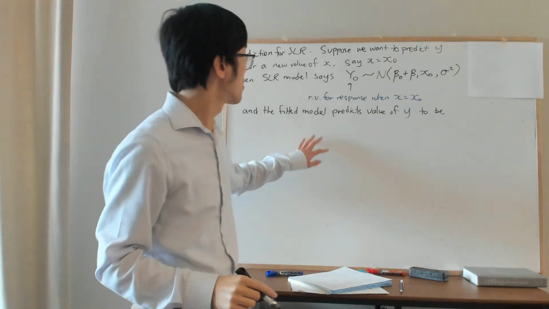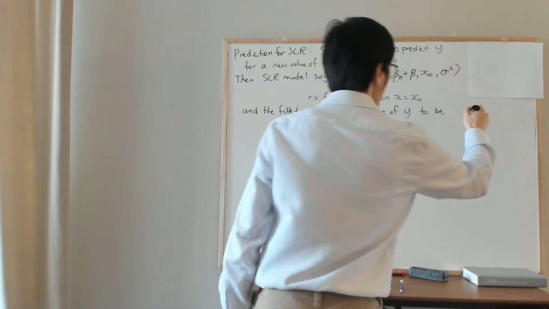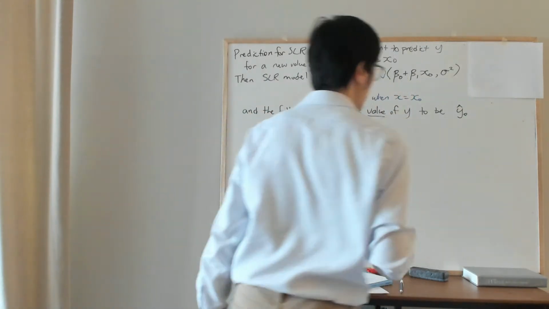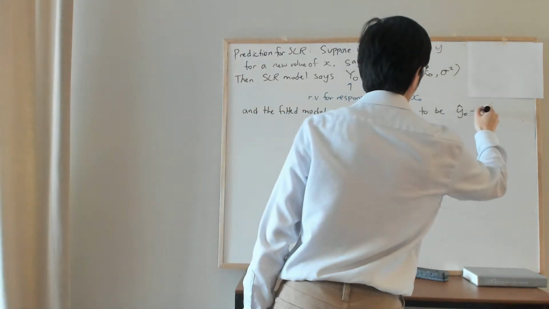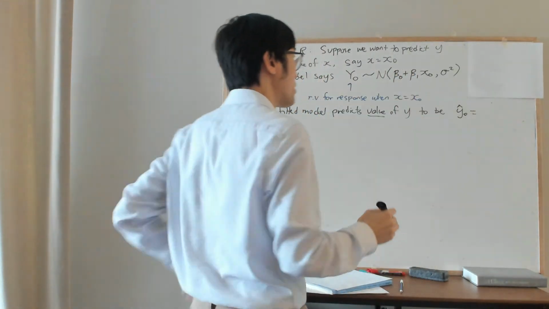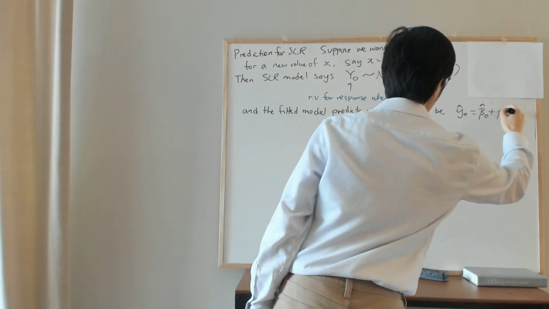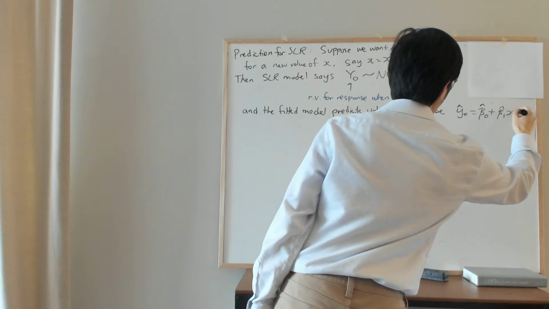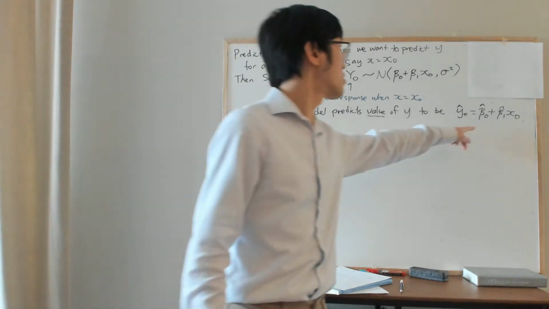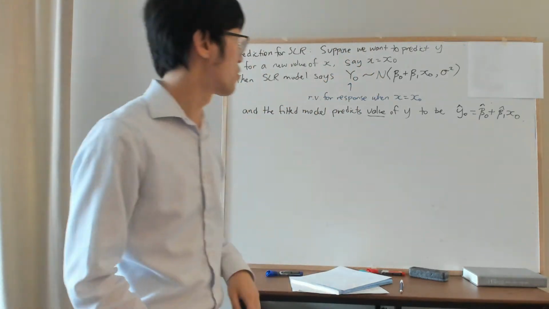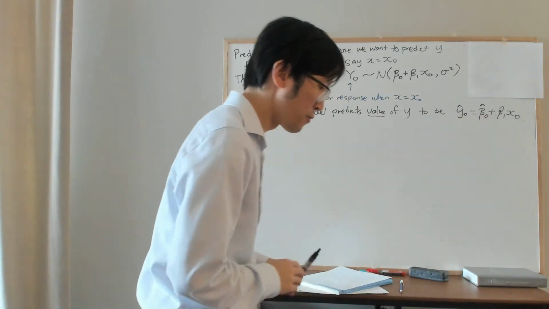I'm talking about the value here, so I'm going to use lowercase notation because I'm going to calculate the value of a prediction from the data. The sensible one to use is to predict the value of the regression line at x0. So we plug in our estimates for the betas, beta 0 hat and beta 1 hat, and x0. Based on our estimates, we can calculate this and we get a value for y0's predicted value, that's called y0 hat.